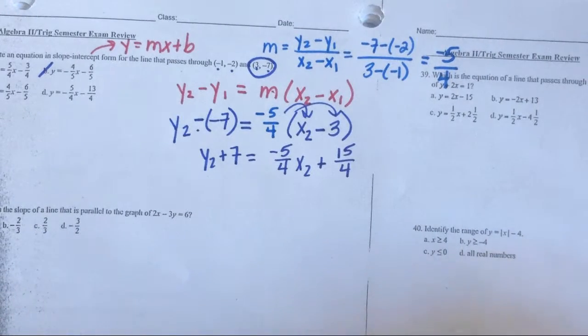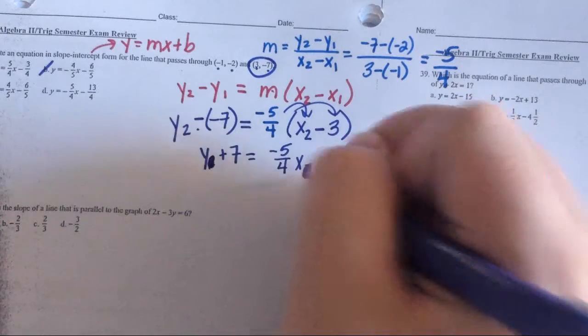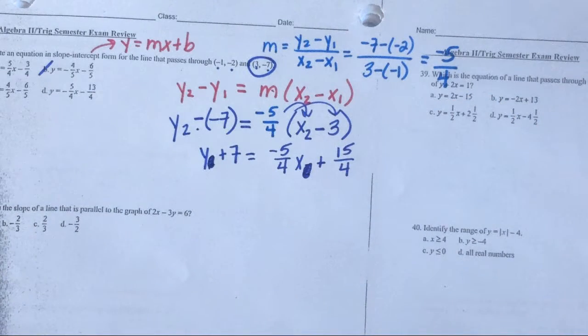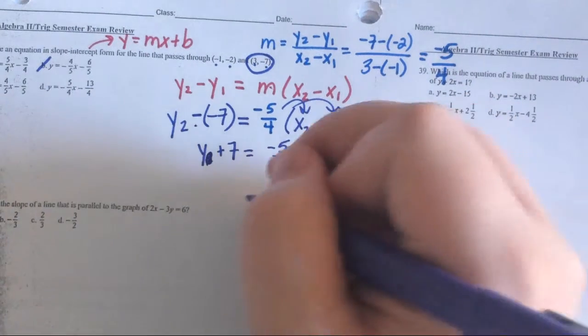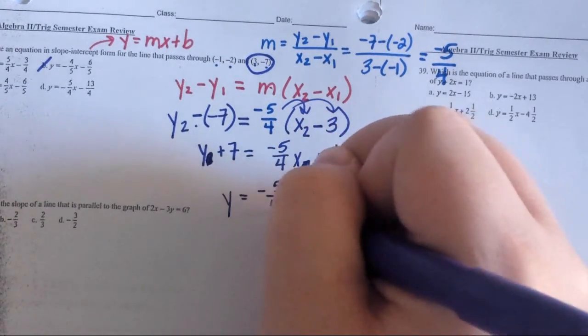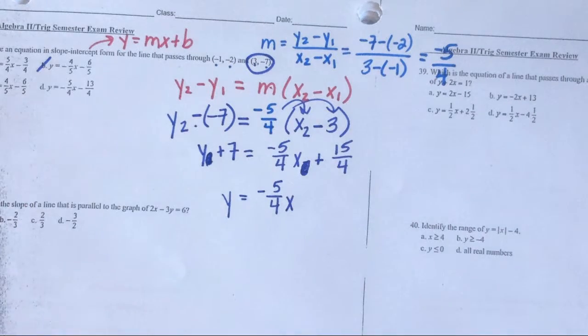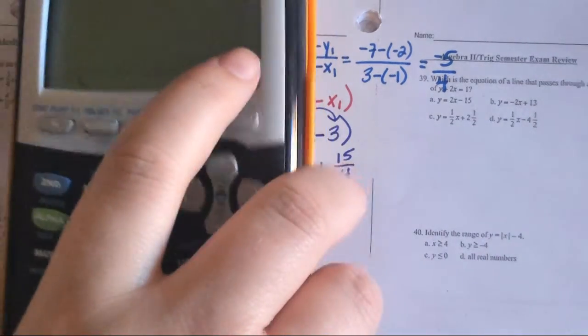Normally from here is where Miss Compton gets lazy and I stop writing the little tiny 2's. When I subtract 7 from both sides, I'm going to have negative 5 fourths x, and then whatever 15 over 4 minus 7 is. But we've gotten fancy enough now in life that I don't even have to bother to change the 7 to like 28 over 4. I can put it all in my calculator.